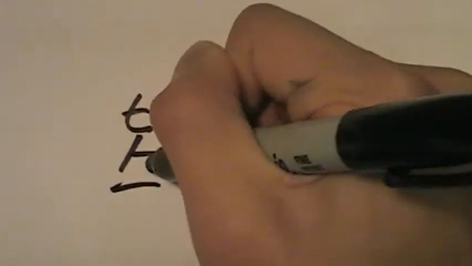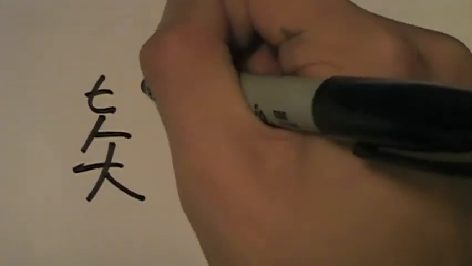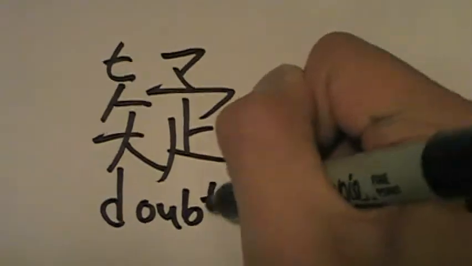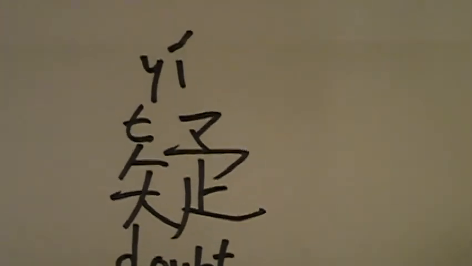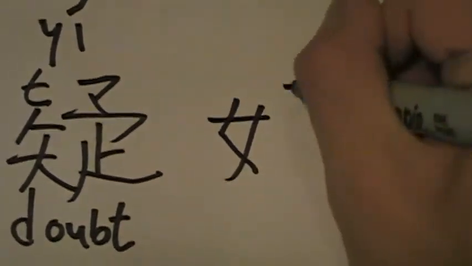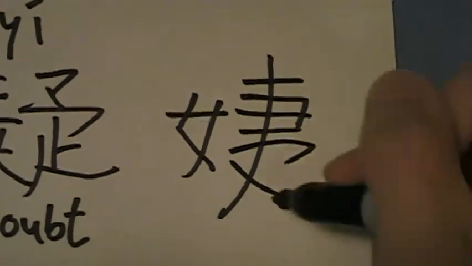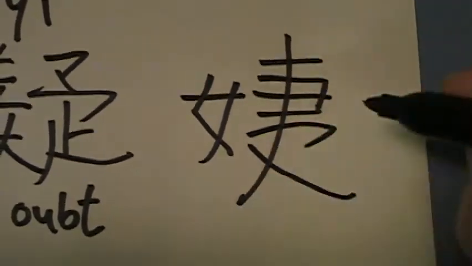To provide another example with the second tone, we'll use 2 words that you have not seen before. Which means doubt. And this is with the pinyin yí of the second tone. Similarly, we have another word, which means aunt.